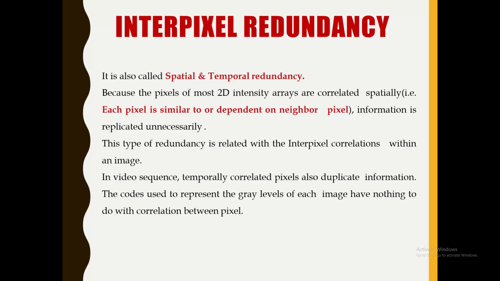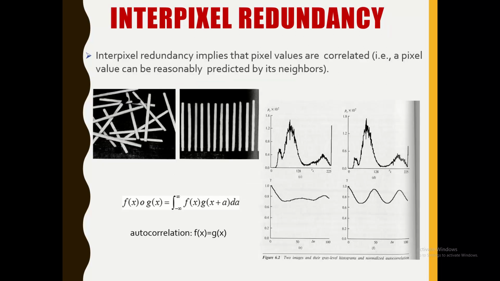The information carried by an individual pixel is relatively small. So much of the visual contribution of a single pixel to an image is redundant. For example, the difference between adjacent pixels can be used to represent an image. Transformations of this type are referred to as mappings.